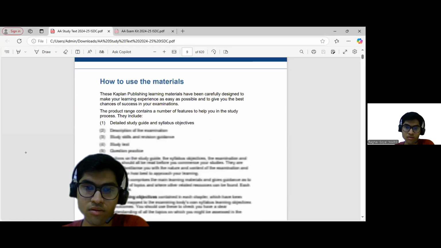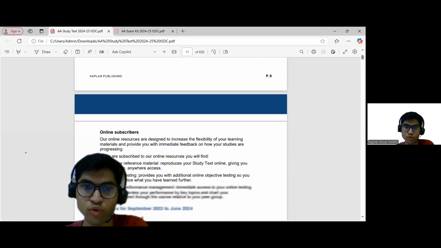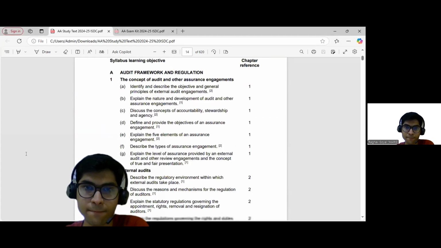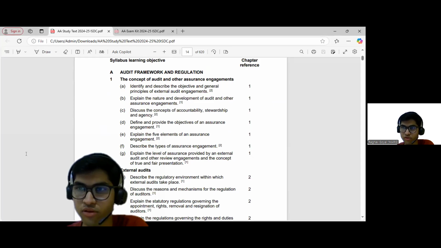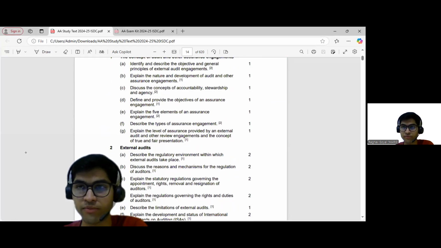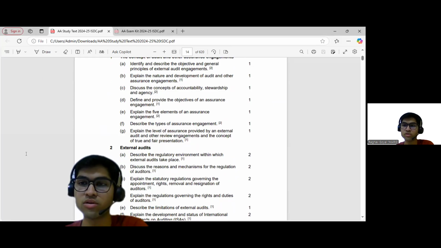Speaking about the syllabus areas, we have the syllabus split into 4 to 5 different areas, such as audit framework and regulation, which comprises what audit means, what external audit is, why it is required, the frameworks which the auditors have to follow, and the ethical considerations that they have to consider.